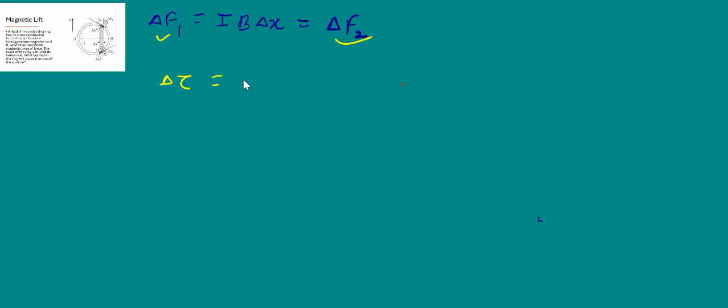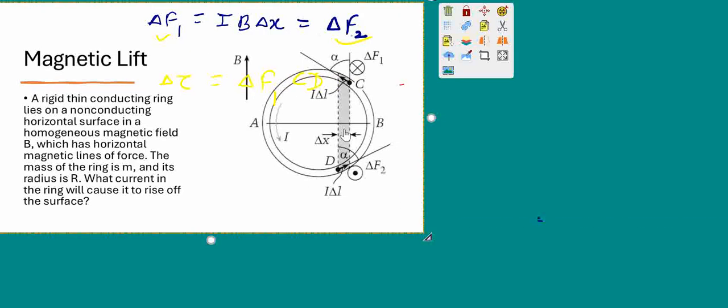And delta tau is nothing but the magnitude of delta F1 or delta F2 multiplied by the distance between them, which is the total length CD. You are perhaps remembering CD is this length.